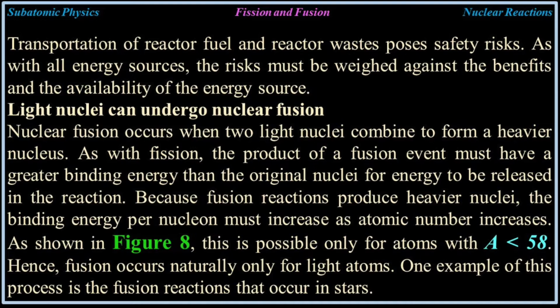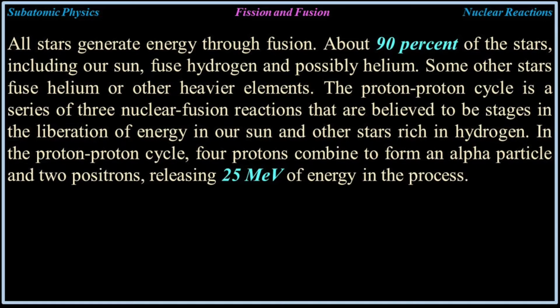One example of this process is the fusion reaction that occurs in stars. All stars generate energy through fusion. About 90% of stars, including our sun, fuse hydrogen and possibly helium. Some other stars fuse helium or other heavier elements.